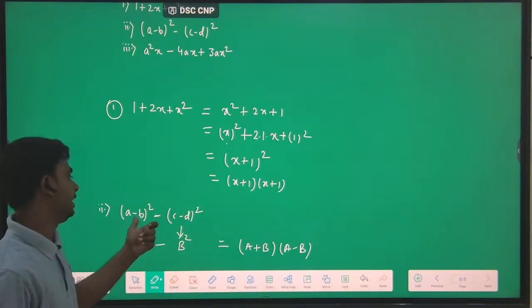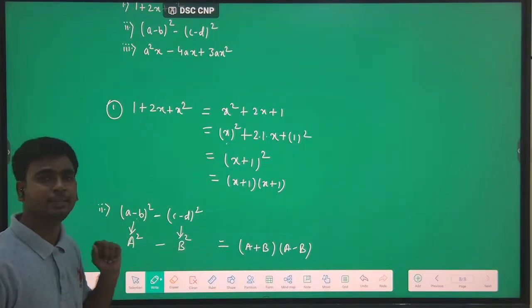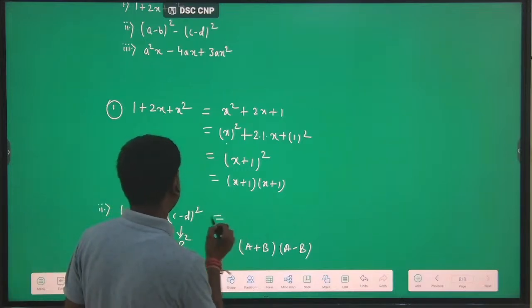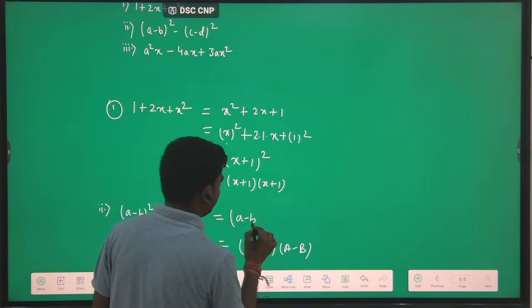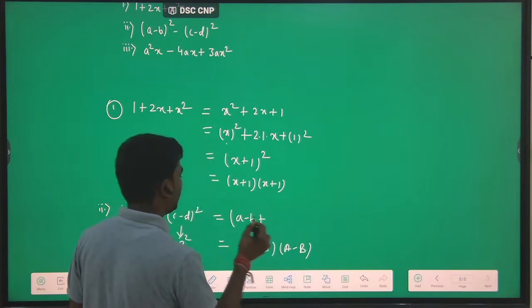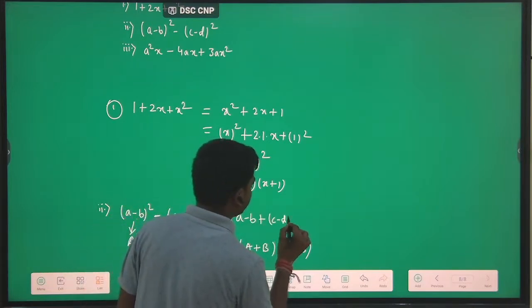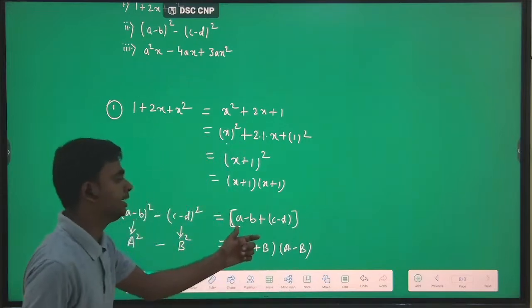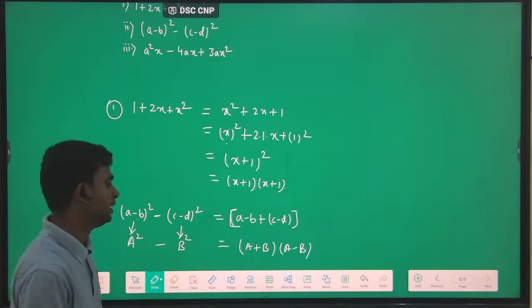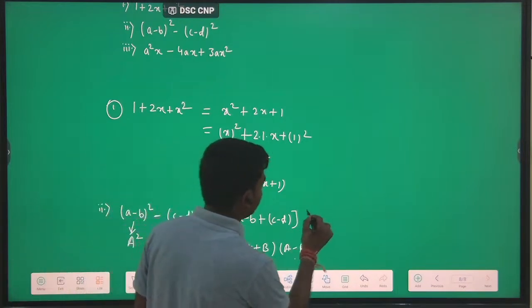So this a is a minus b and b is c minus d. So what we will write here? We will write a minus b as a and c minus d as b, and it will be multiplied with a minus b.